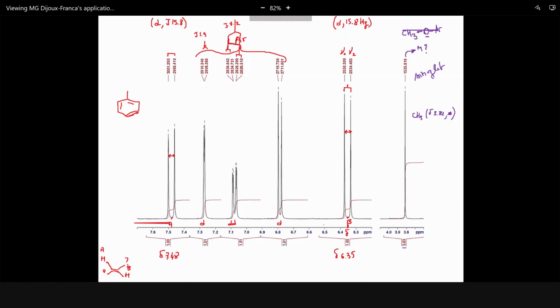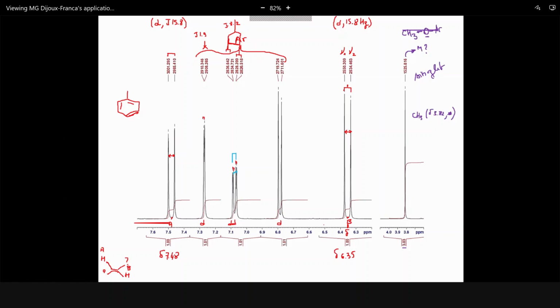Remember, the small one is calculated here. I find it again here and here. And the J3 will be calculated from here to here, or from here to here. Okay?